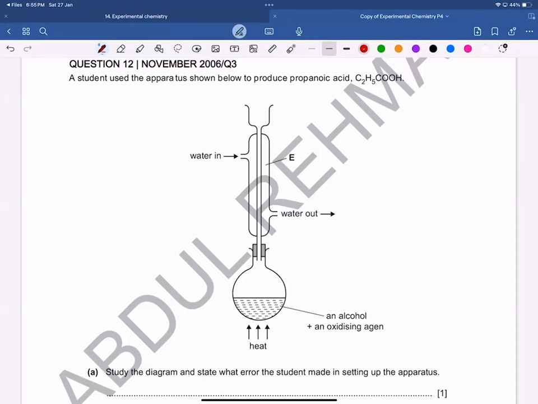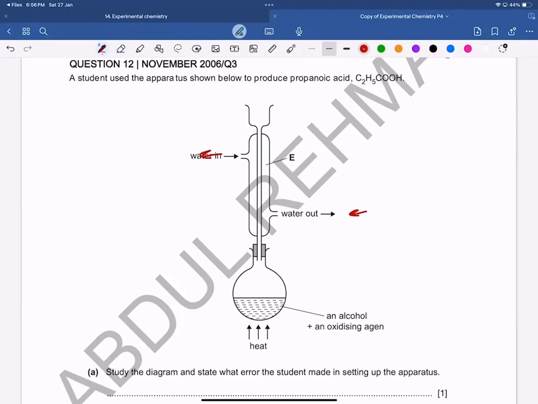Sir, the water entrance is the wrong way. Yeah, in this the water's movement is actually the wrong way. Whenever the condenser is placed vertically, the movement of water is from downward to upward.